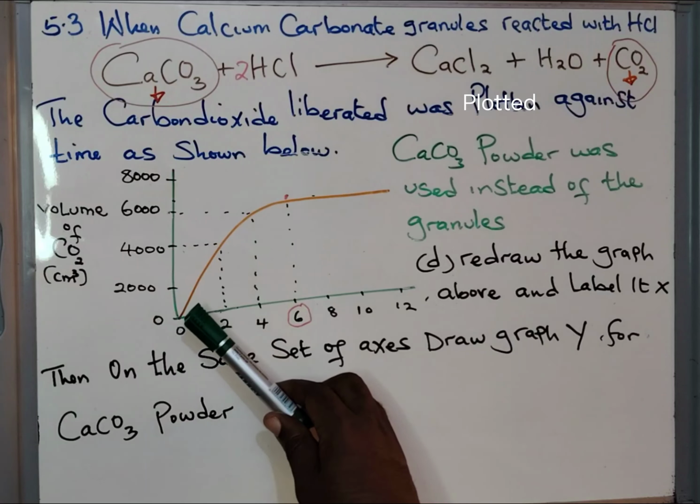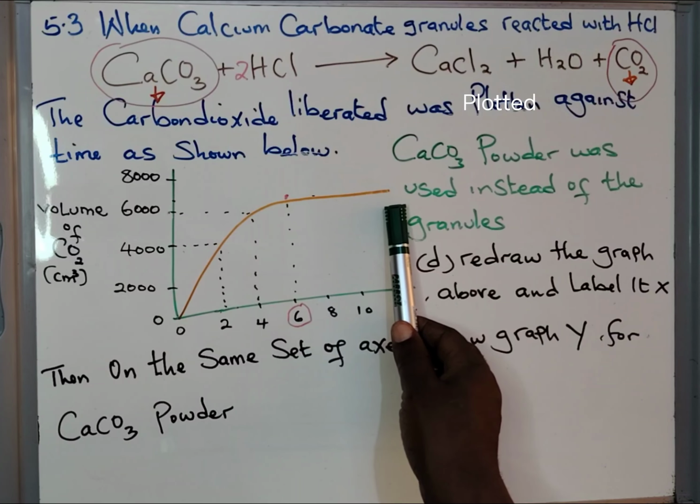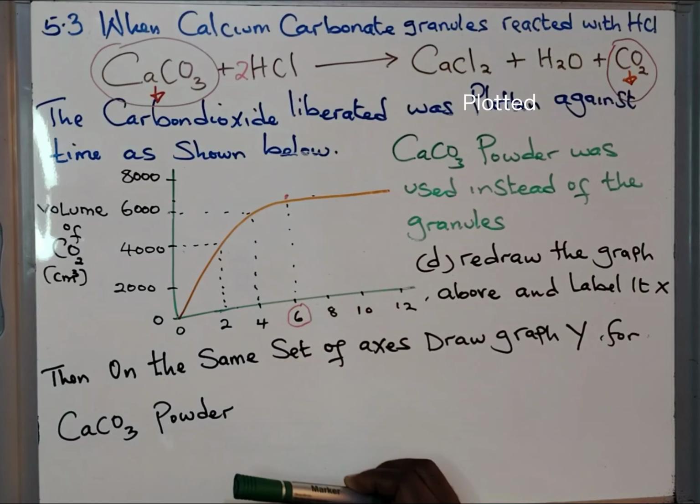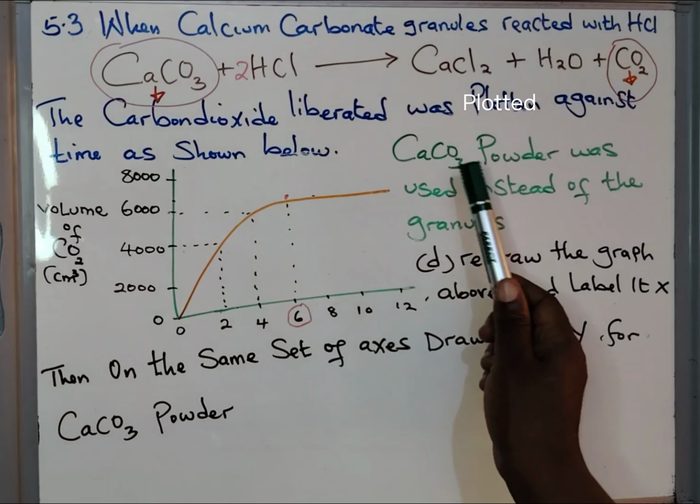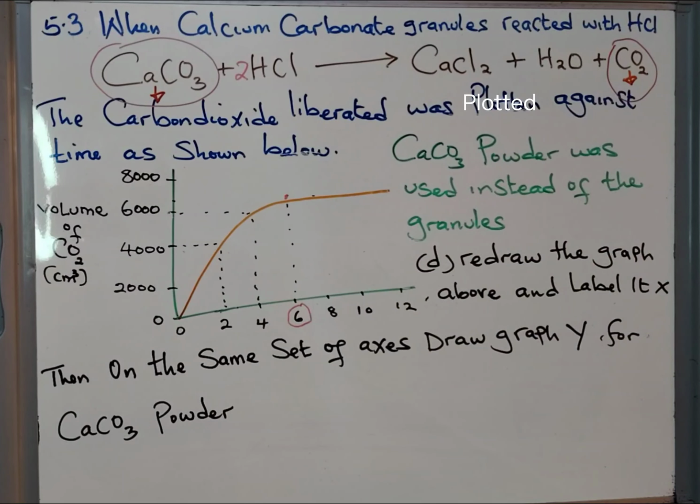You have to remember that the graph we have here is for calcium carbonate granules. And what have we done? We have substituted granules with powder. And how can we show this graph?